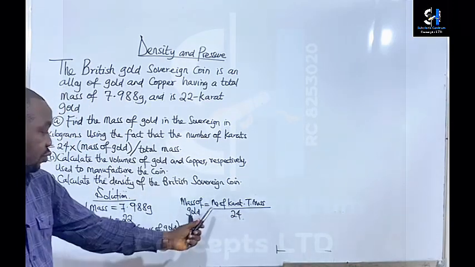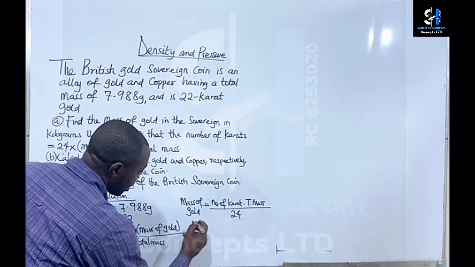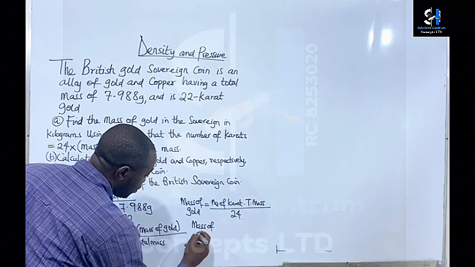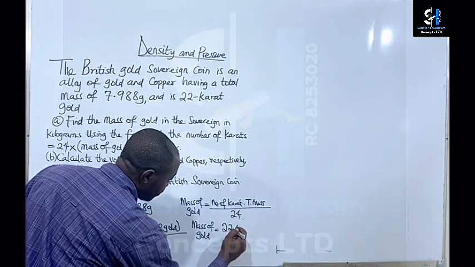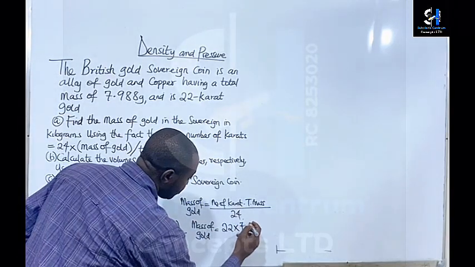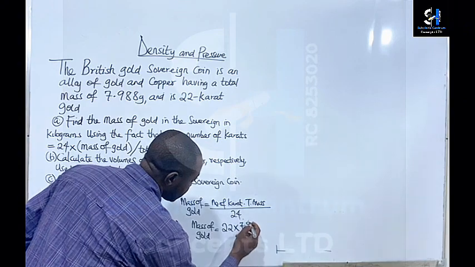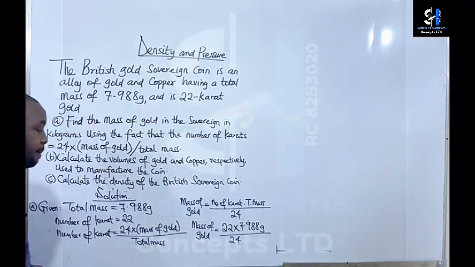Number of karat is 22. So mass of gold equals number of karat, which is 22, multiplied by the total mass, which is 7.988 grams, divided by 24.